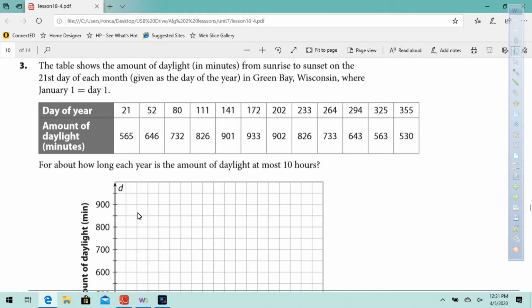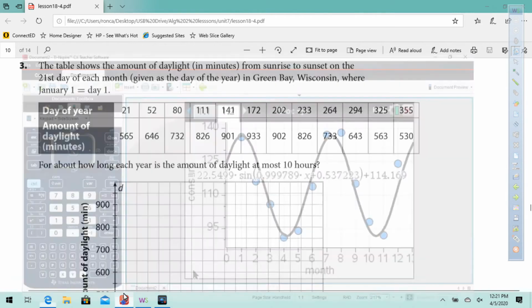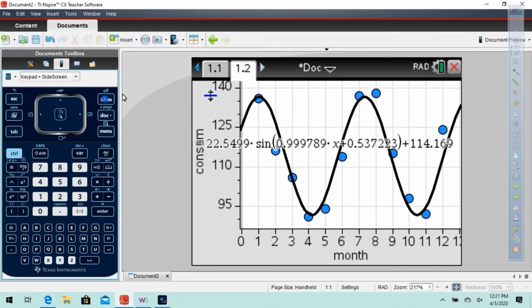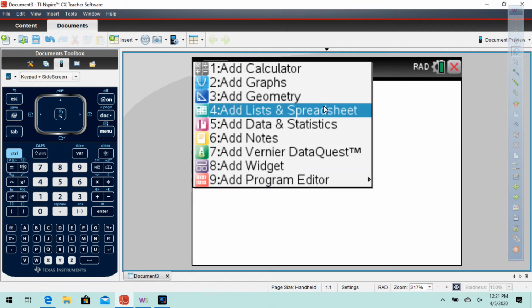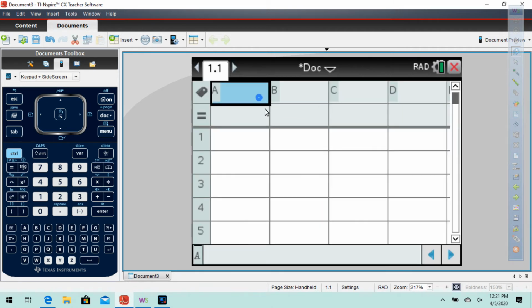Day of the year. We can do it, it'll work. Let's go to our calculator, and again, clear it out. New document, spreadsheet. And then we'll say this is day.